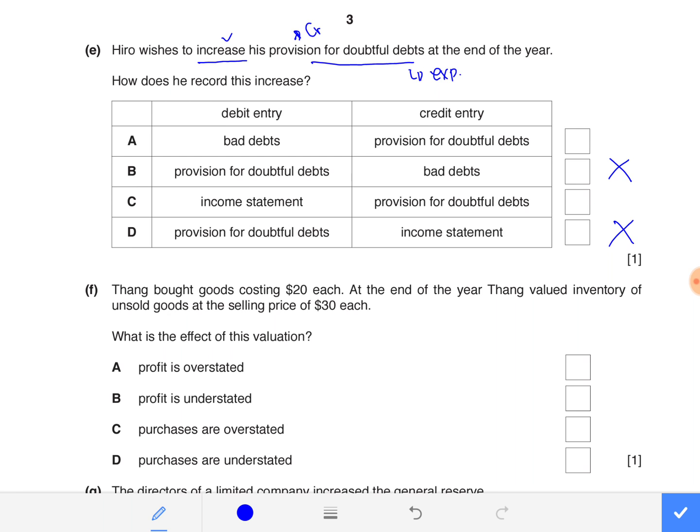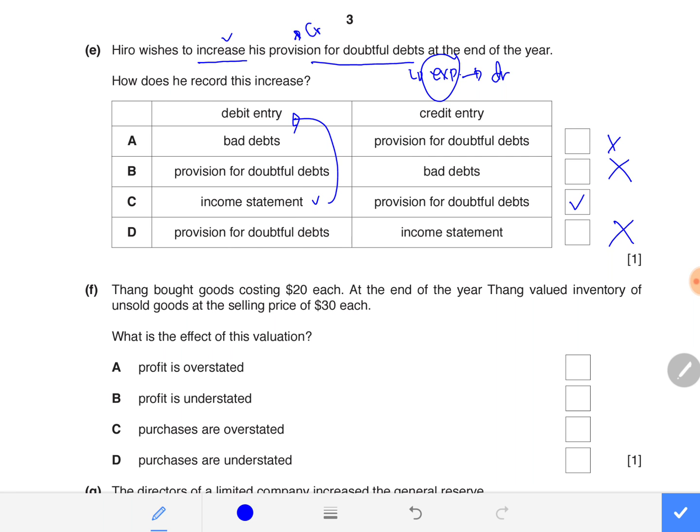Since bad debts is not doubtful debts, you can eliminate A. The right answer is income statement on the debit side and provision for doubtful debts on the credit side, because it is an expense, and expense is on the debit side, and in the income statement it is also shown on the debit side.